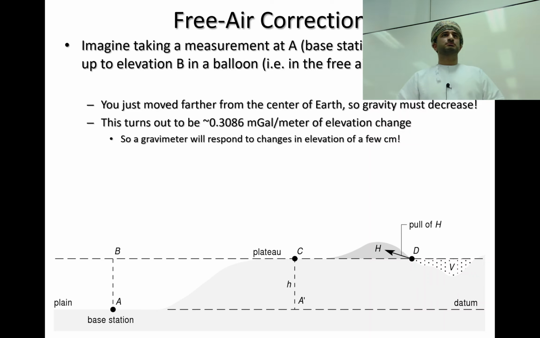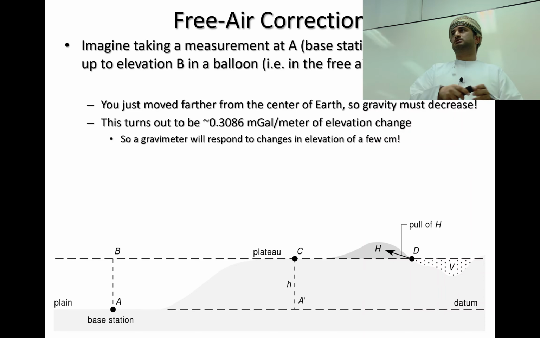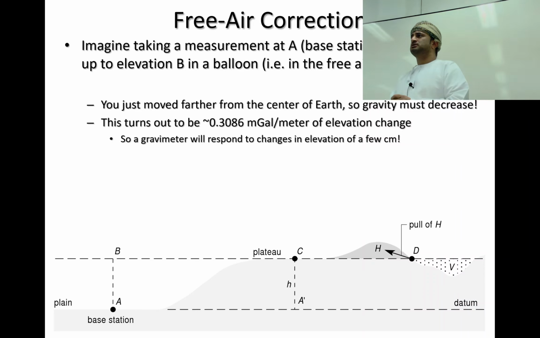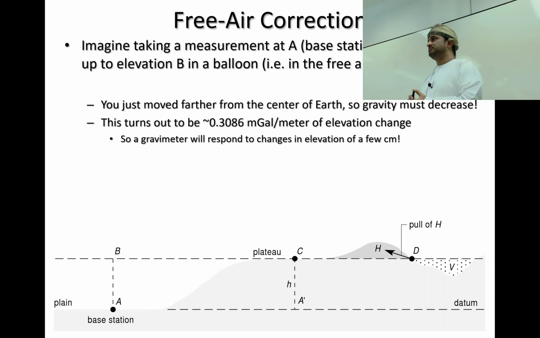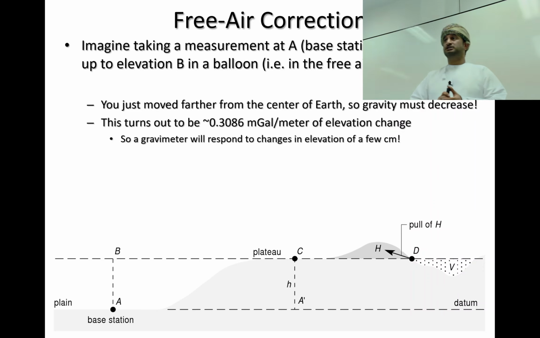Let's assume my next point is point B. I moved up by some distance. What happens to the gravity value? It will increase? What do you think if I move up?